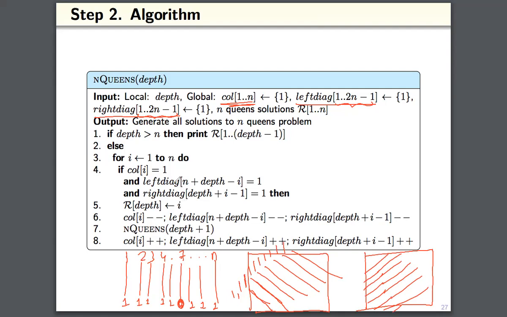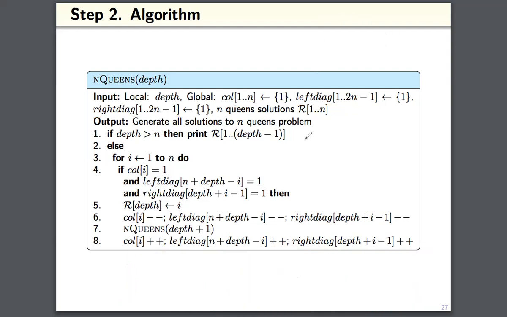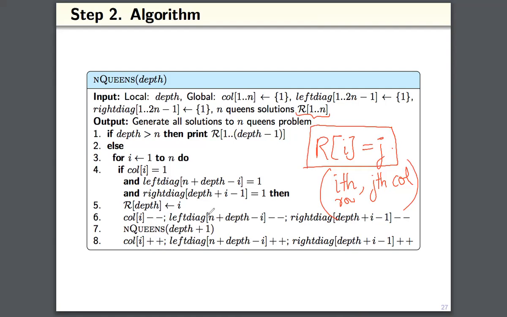Okay, next. We will have the solutions in R of 1 to n. R of i equals j means that in the ith row, in the jth column, you place a queen.